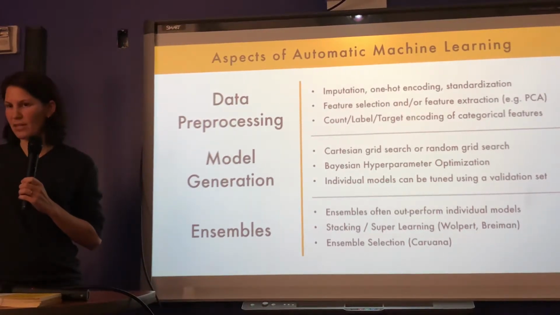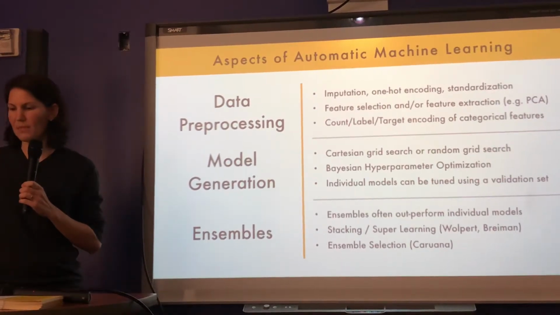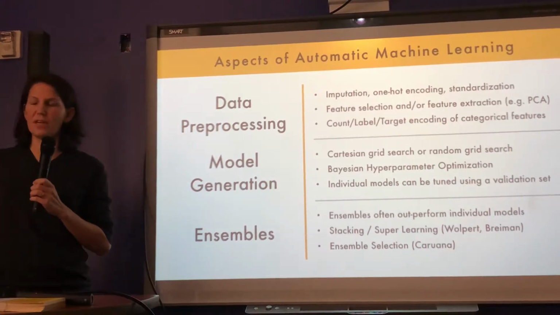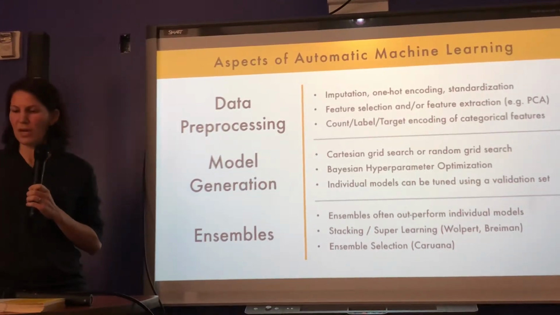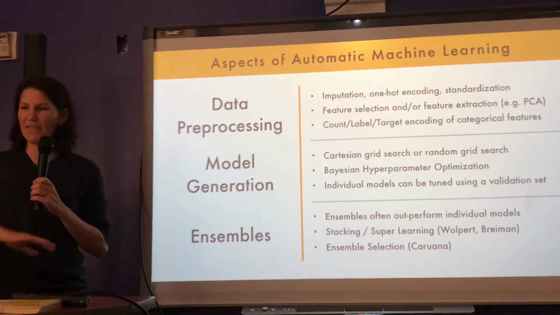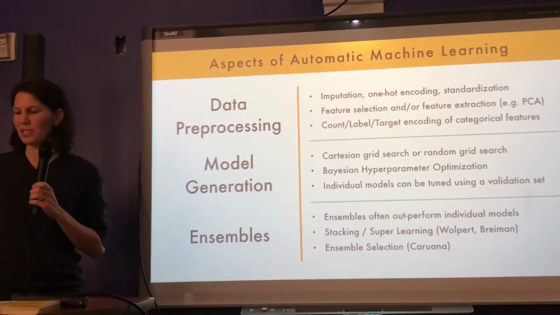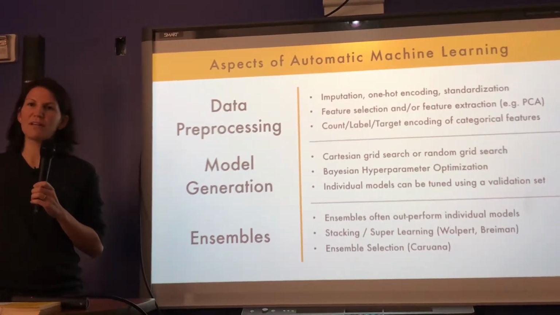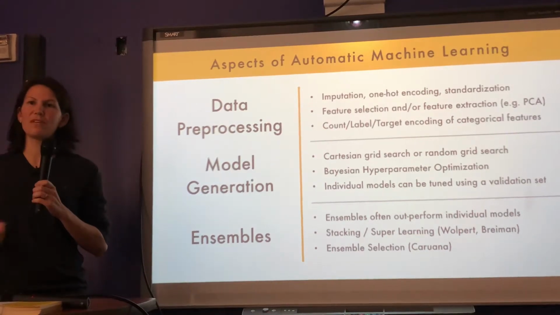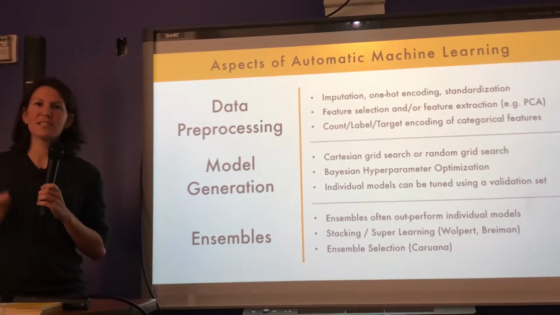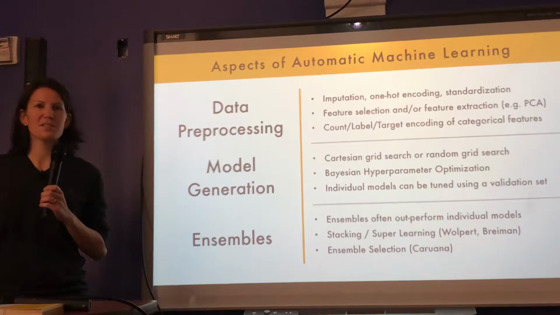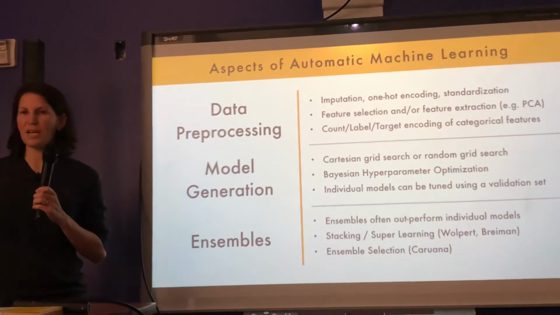And then there's another type of ensemble, something called ensemble selection. And that's a little bit different, where you basically have your set of base models and you just randomly sample from that, and you keep doing that until it starts to hurt the performance. So I think there's kind of two versions.